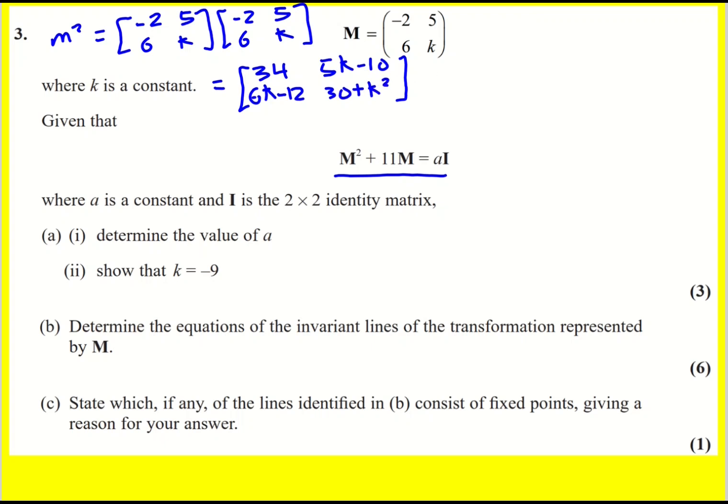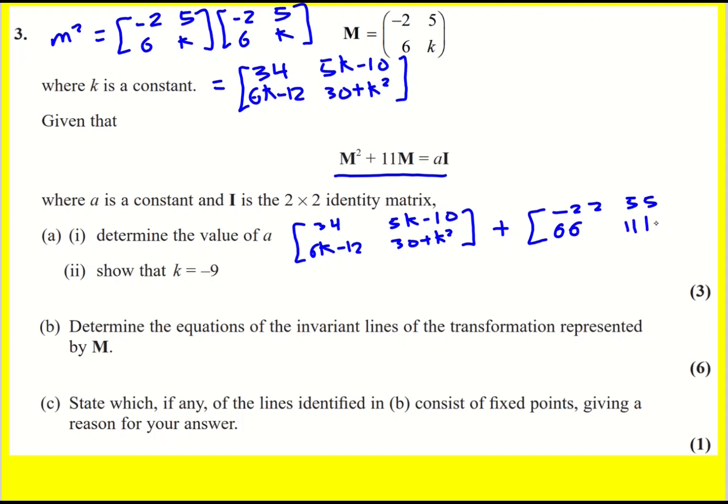Great, so now I'm going to add on 11M. So let's take our time with this. We've got 34, 6K minus 12, 5K minus 10, 30 plus K squared. And I'm adding on minus 22. I'm just timesing this M by 11, 55, 66, and 11K.